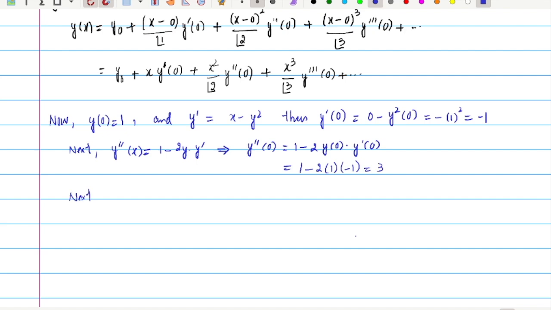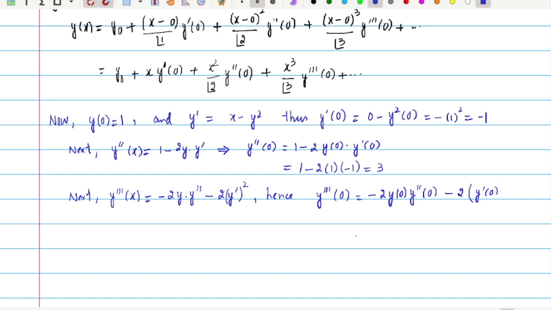Similarly, we can compute y triple dash of x. The derivative of y double dash of x is equal to 1 as derivative, 0 minus 2y. Now the derivative of y dash is y double dash, then minus 2y dash into the derivative of y, which is again y dash, so this becomes 2y dash whole square. So hence y triple dash at 0 is equal to minus 2y of 0 into y double dash of 0 minus 2 times y dash of 0 whole square.